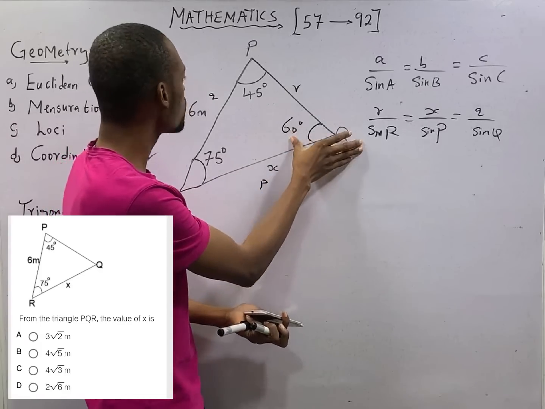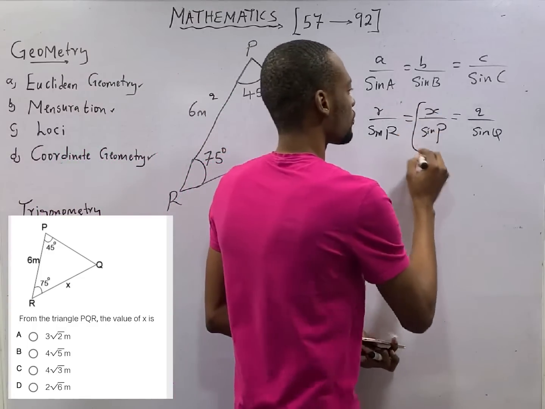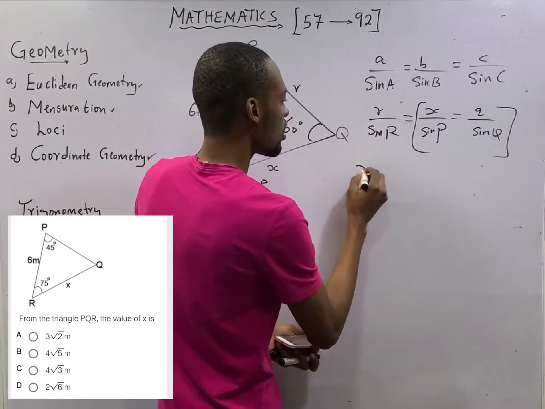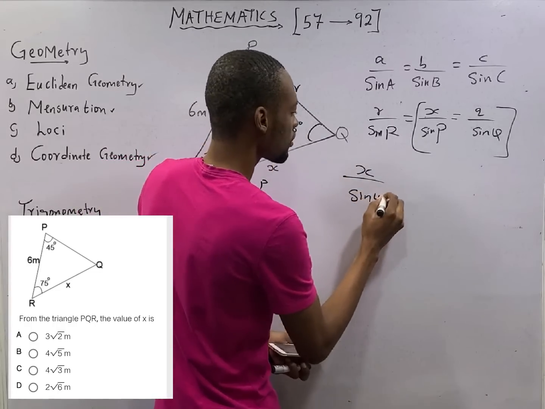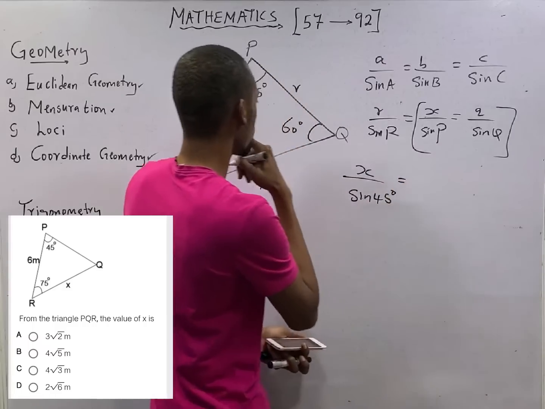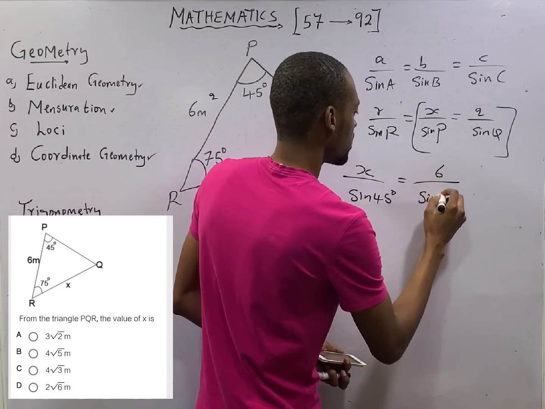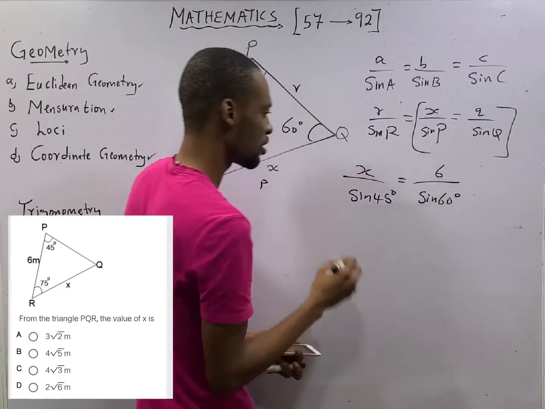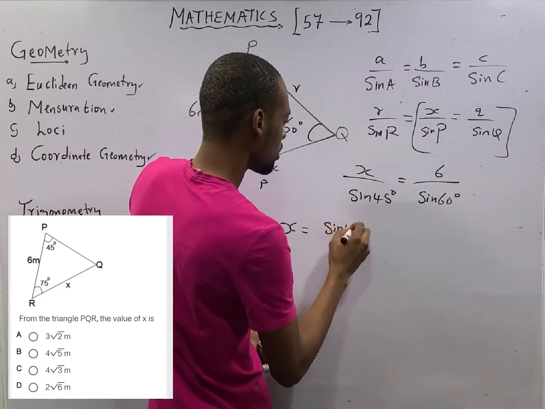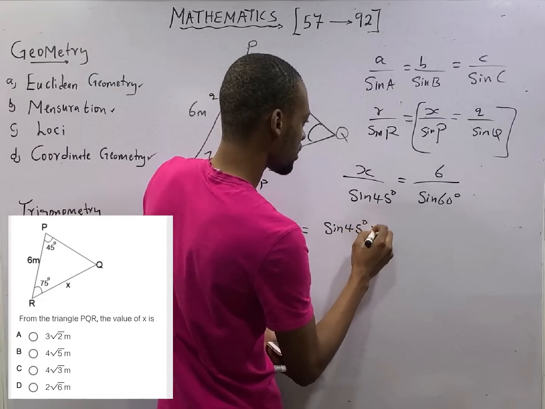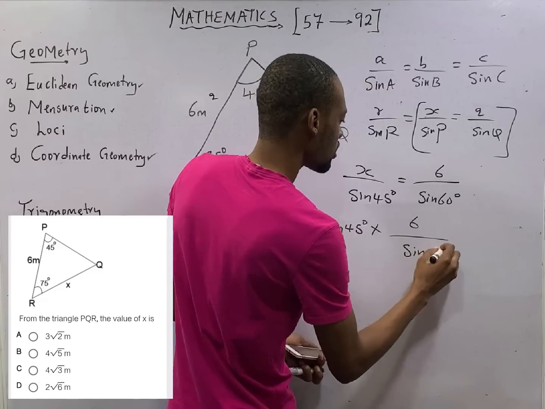We have angle Q, and we have side q. So let's compare these two, here and here. S over sine 45 degrees is equal to 6 over sine 60 degrees. S is therefore equal to sine 45 degrees times 6 over sine 60 degrees.